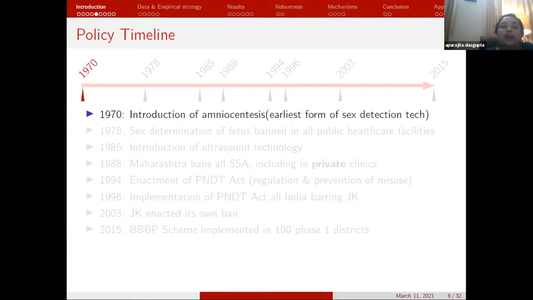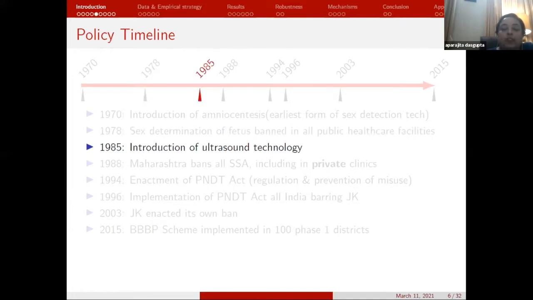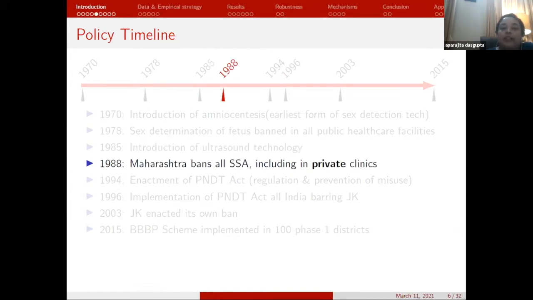In 1970, we have the earliest form of sex detection technique through the introduction of amniocentesis in India. 1978, the sex determination of fetus is banned in all public healthcare facilities. 1985, we have the introduction of ultrasound technology. 1988, Maharashtra is the first state to ban all sex selective abortion, including private clinics. This is important.